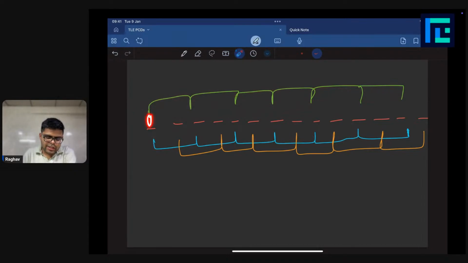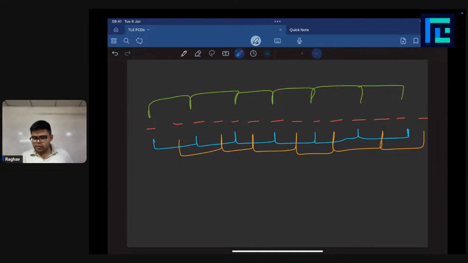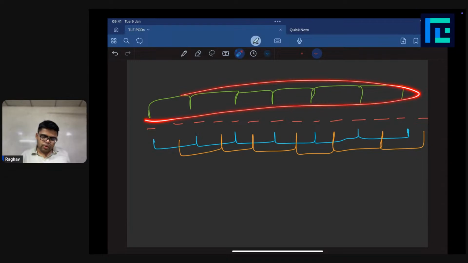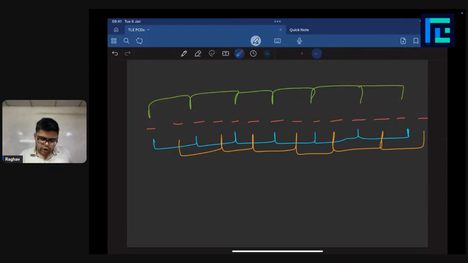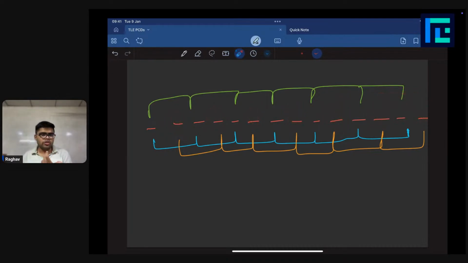Because I'm picking the smallest guy here, then the smallest guy of all of these people here, then the smallest of all of these at this position, then smallest of all of these here, then smallest of all of these here, and obviously there is just one guy left, so it is also the smallest of the remaining guys. So this would be completely sorted. Talking about all of these people, they would also be sorted till this position. For these two positions only, they might be unsorted. Does it make sense?